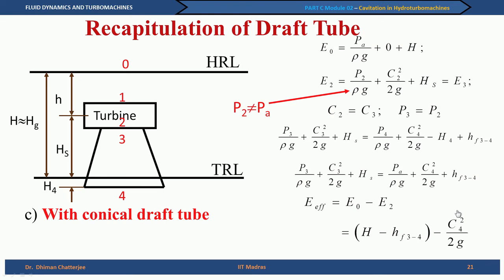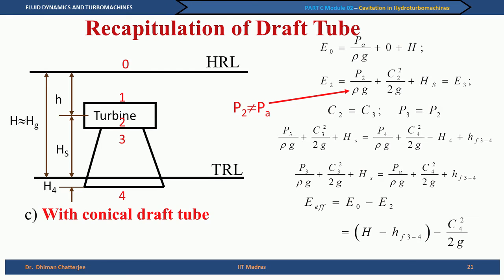The second point is that the exit kinetic energy loss is C4 square by 2g. So, if I have to reduce the exit kinetic energy loss, then I have to reduce C4 further and further.